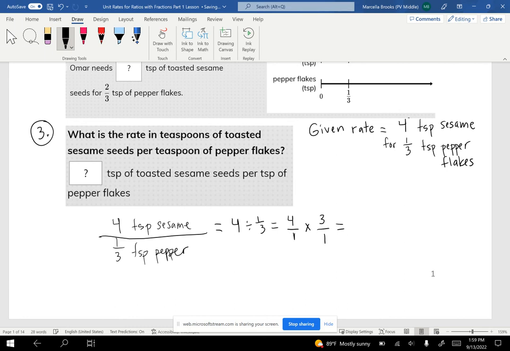So it's 3 over 1. So what's 4 times 3? It's 12. What's 1 times 1? It's 1. So we started out with sesame on top, so that means the 12 is the sesame seeds. Make sure we put teaspoons in there. 12 teaspoons sesame seeds per 1 teaspoon pepper flakes.